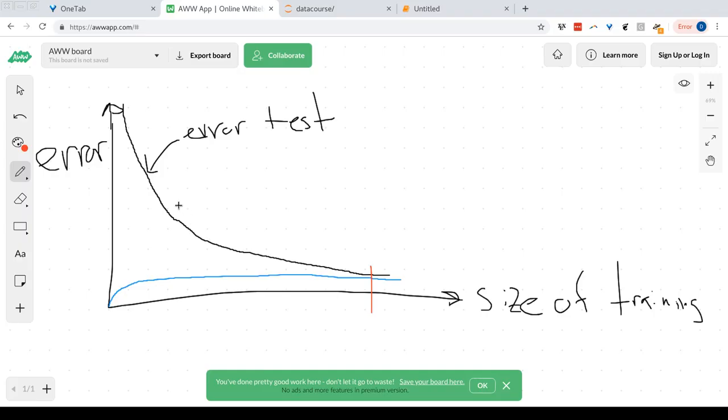But if I had this amount of observations, there's a large deviation between training and test. A large amount of variance. Oh, I would benefit from increasing the number of observations if I collect more data.